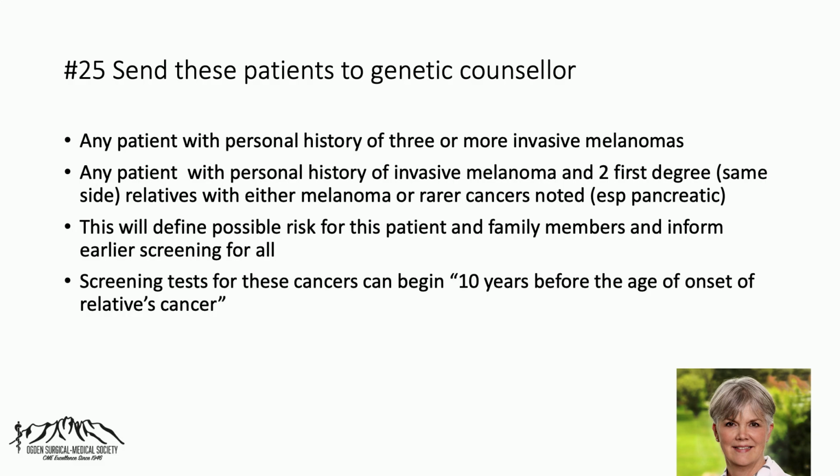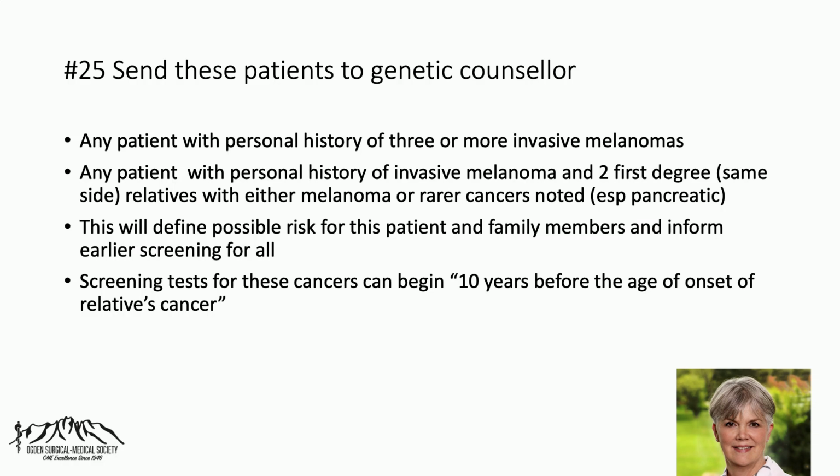The genetic counselors of the world, by the way, are very overwhelmed, but you send anyone who has had 3 or more. Oh, by the way, I think I have to go back a slide on this one because this is maybe important. No, I'm just going to tell you. People who have genetic cancers tend to get them earlier in life, melanomas, earlier in life, multiple members of first-degree relatives, so parents, children, siblings, all on the same side.